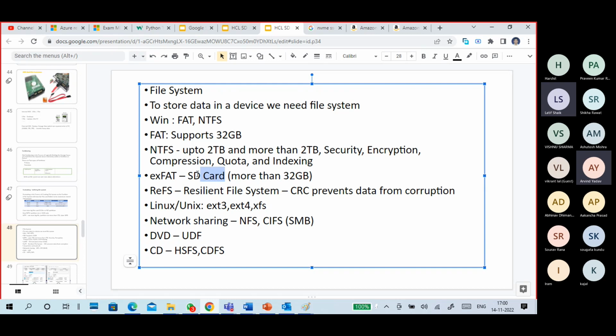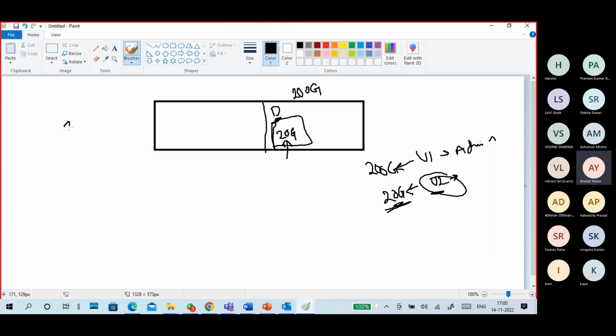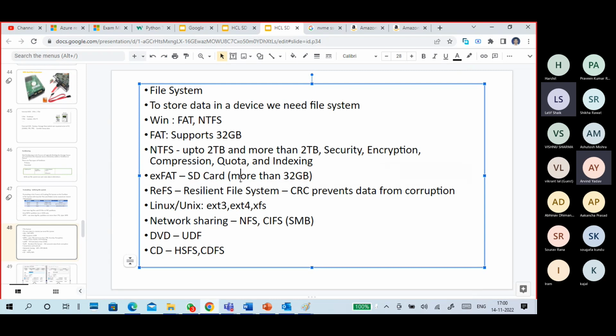But nowadays SD cards are available up to 2 terabytes. I have up to 256. So FAT supports 32 GB maximum size, but our SD cards are more than 32 GB.